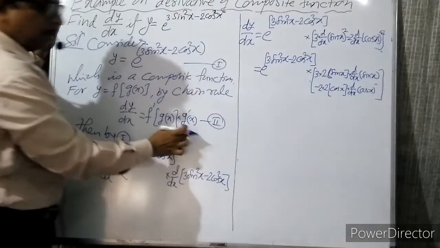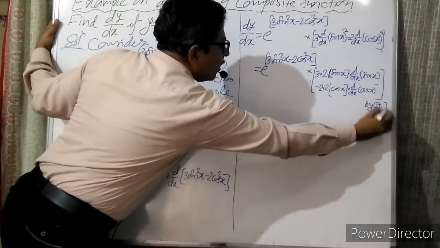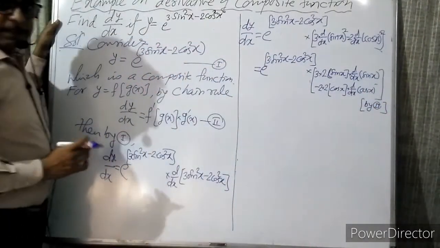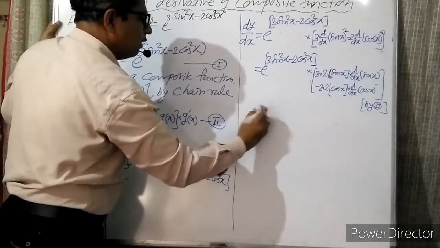This is by chain rule, by 2. See, we are using the chain rule again. See it carefully.